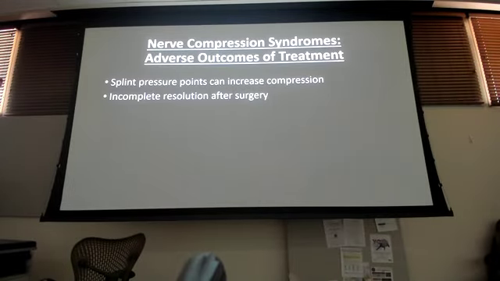Okay, adverse outcomes of treatment. Obviously, if you put a splint on that's improperly measured, sized, and applied, it can cause compression itself, so you may worsen symptoms, okay? And then we always warn patients, and I tell you this all the time, we warn patients about every orthopedic surgery, right? And tell them, hey, if you're having pain, we may take some of that away, but 100% pain relief, a lot of times is not realistic, okay?